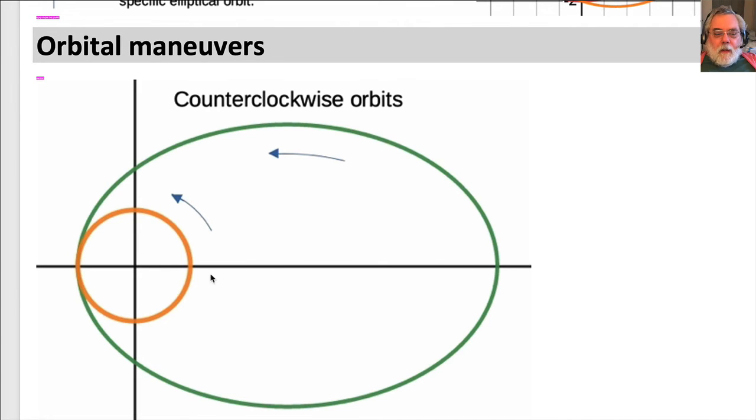So, at minimum or maximum distance in an elliptical orbit or in a circular orbit. We're not going to do the analysis, we're just going to quote the results.